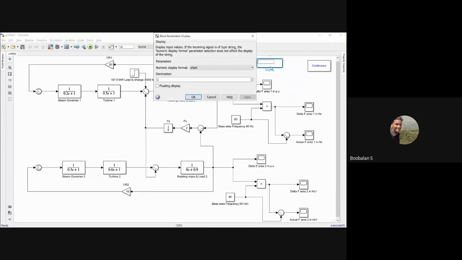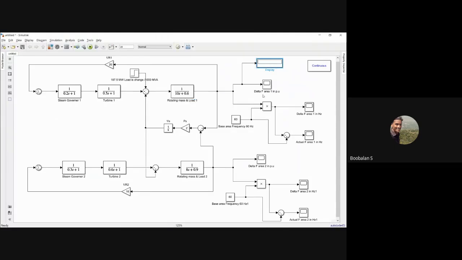Just change into long, apply OK, copy and paste it. We'll go with it capital, right? And I need one more block to display my change in frequency.